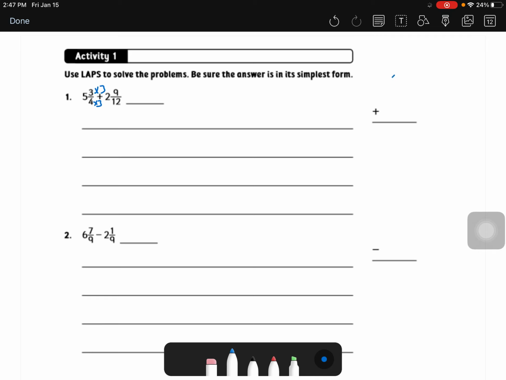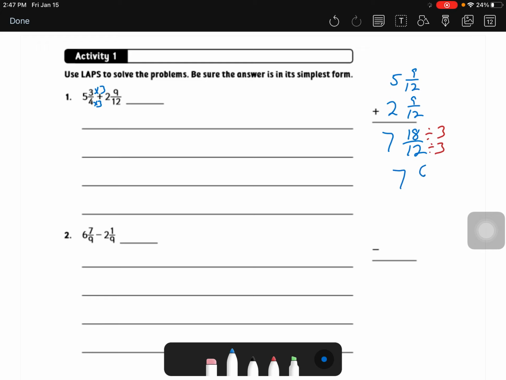Okay, so then I'm going to have 5 and 9/12 plus 2 and 9/12. So when I add those, I'm going to get 7 and 18/12. And then I'm going to divide these by 3. 18 and 12 can both divide by 3. So I'm going to get 7 and 6.